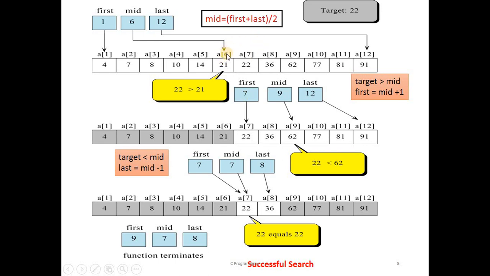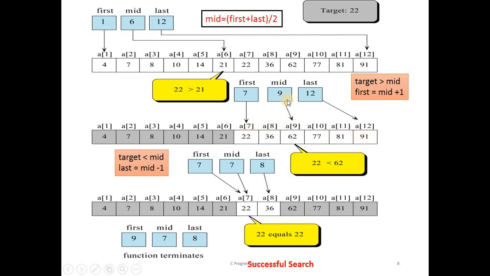The mid value was 6, so my first variable will be reset to mid plus 1, that is 7, and the last value is still 12. So for the right half, this will be the condition: the first value should be mid plus 1, but the last value will be unchanged. So from the 7th index to the 12th index, I will search further for the key value.